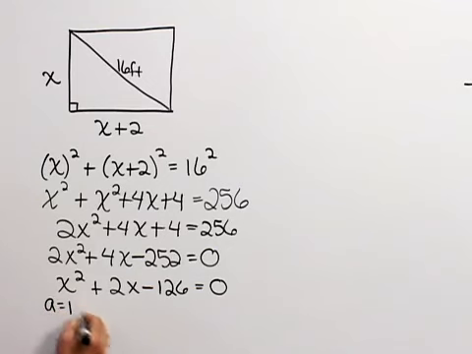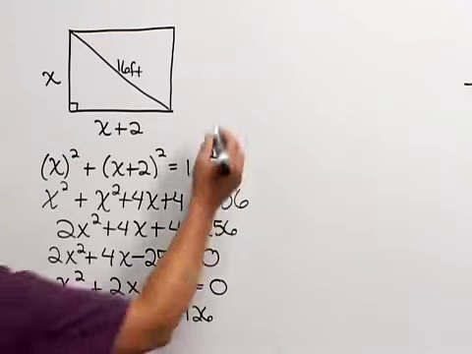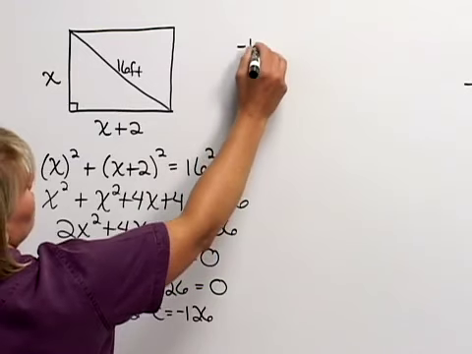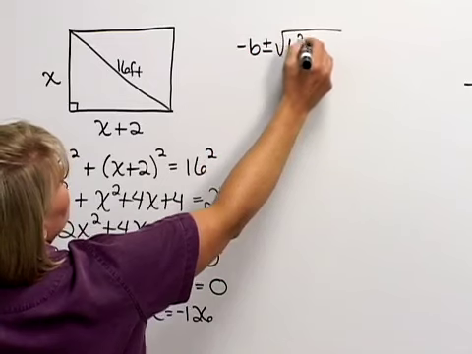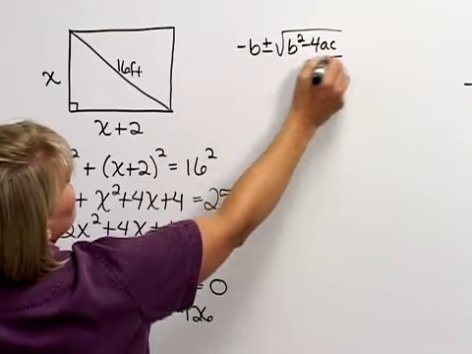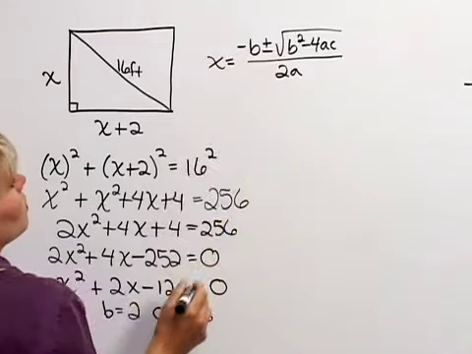A will equal 1, B will equal 2, C will equal negative 126. Remember, our quadratic formula is x equals negative b plus or minus the square root of b squared minus 4ac, all over 2a.